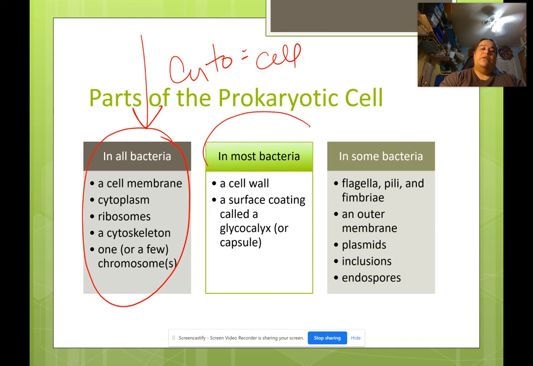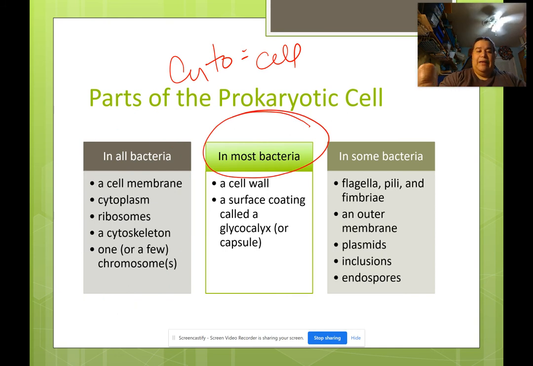Now, in most bacteria, moving on to the next thing, most cells will have a cell wall, which we mentioned in the previous slide, made out of something called peptidoglycan. A cell wall is a lot more rigid than a cell membrane. It gives it a bit more stability.